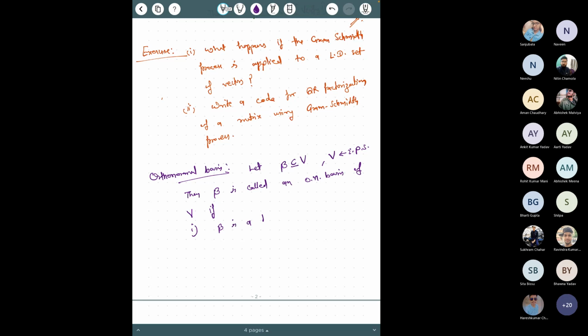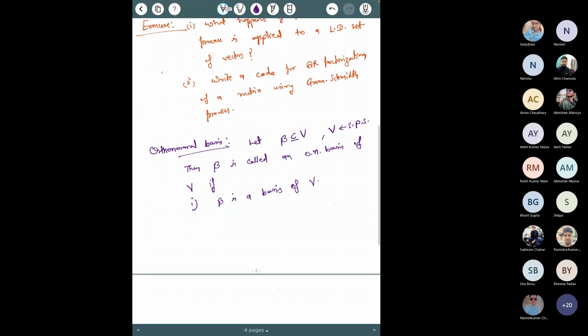Basis definition we already know. If the set is also orthonormal, then it is called an orthonormal basis. B is a basis and B is orthonormal. Now, here I did not assume whether V is finite dimensional or infinite dimensional. But what we know is that for every vector space, we can always find a basis. The existence of a basis is very straightforward.